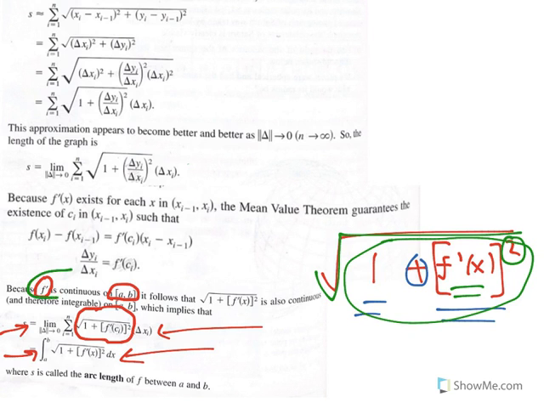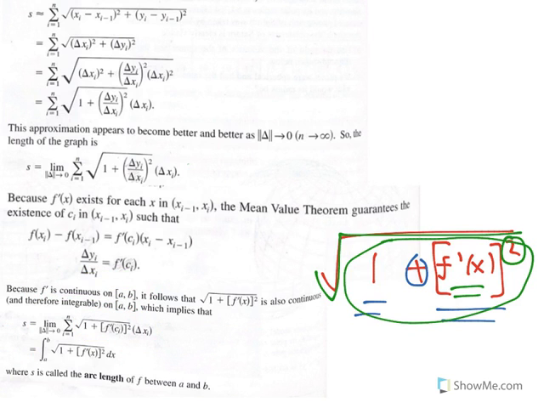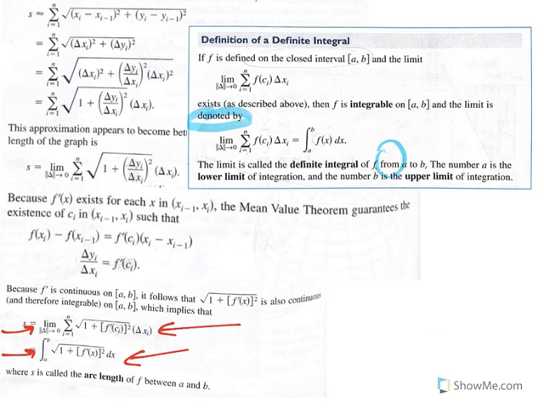So that's how we know, starting with the continuity of f prime, that the integrand will be continuous, and continuity implies integrability. Because of that, we know this limit exists, and by definition, that limit is a definite integral.